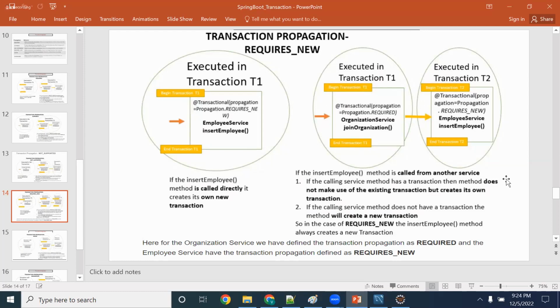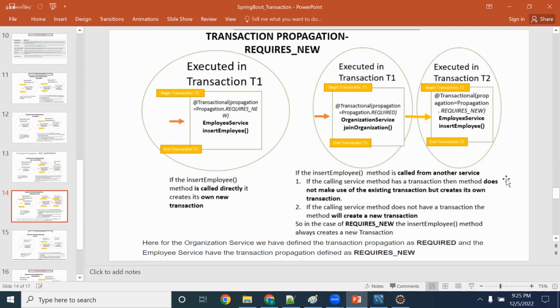If you don't have one, it will ignore; if you have one, it will be ignored. So it doesn't matter whether the children have a transaction or not. Whenever required is there, the transaction object covers all services and all the DMLs I'm going to call. Only one transaction object will be created, full commit, full rollback. That is taken care of by the required annotation.